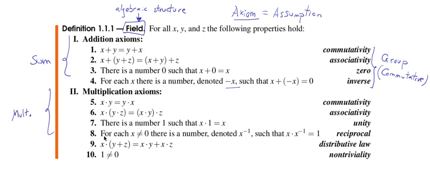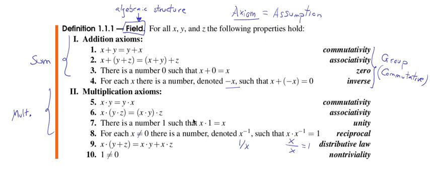And then you have the inverse again. For x that's different from 0, there is a number that we call x to the minus 1, or we can also call it 1 over x, such that x times the inverse is equal to 1. You could also write it x divided by x. This is what we call division, the reciprocal in terms of multiplication.